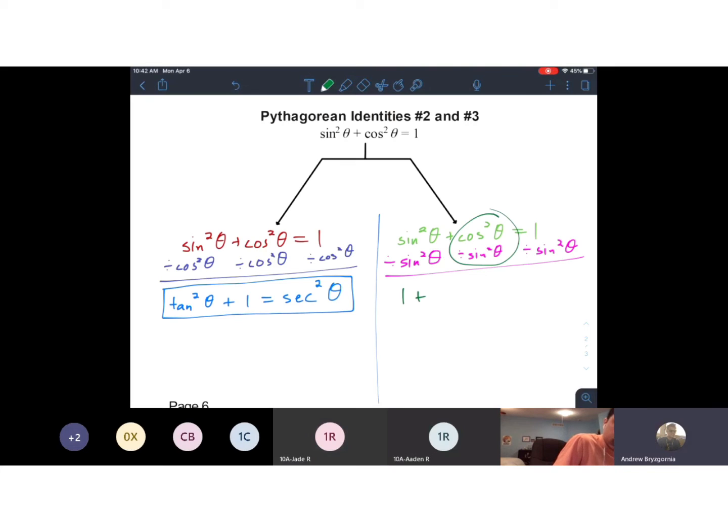Not tangent, because earlier we showed that sine over cosine was tangent. Oh, yeah. But you're close, so instead of tangent, what could it be? Cotangent. There we go, yeah. So that one is going to be cotangent squared. Okay, and then our last one, 1 over sine squared.